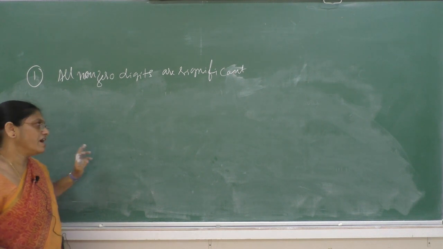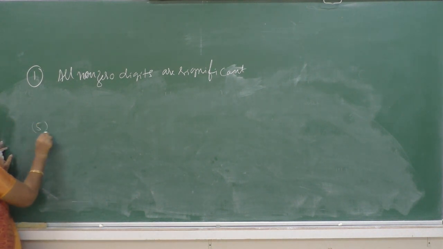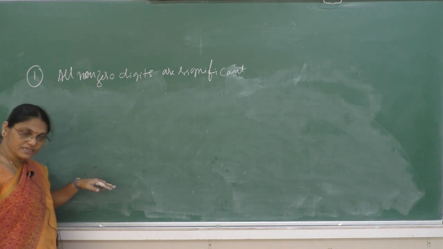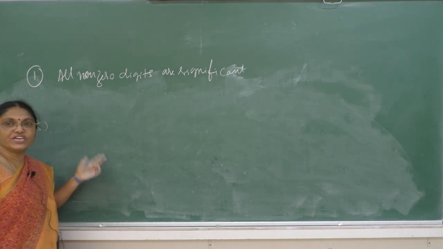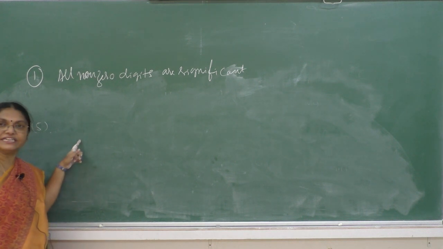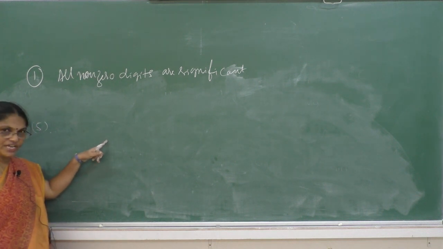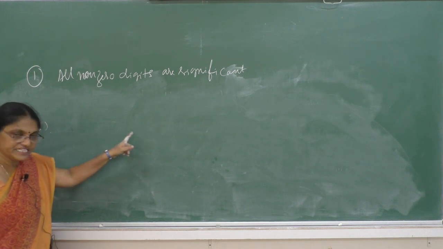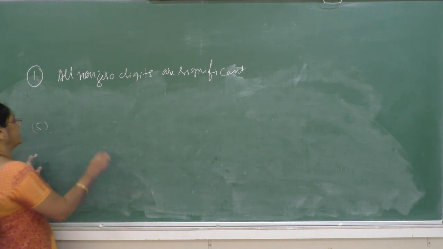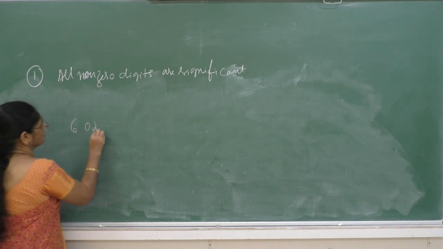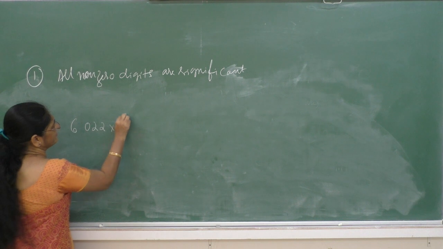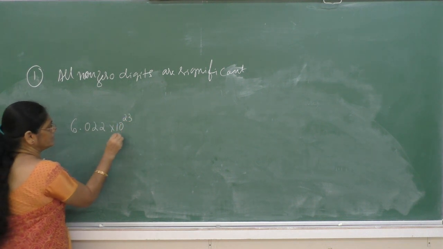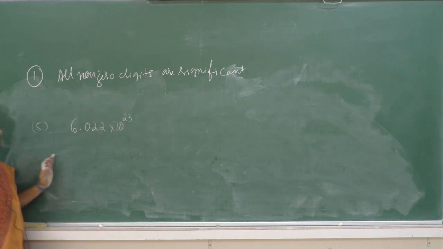That is the fifth rule. For example, 6.022 into 10 power 23.